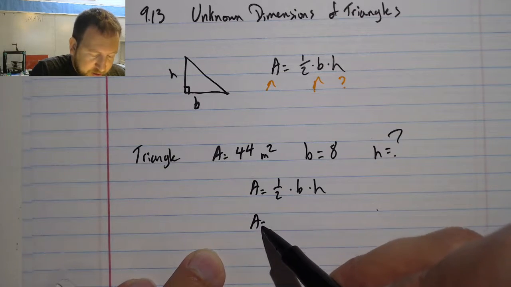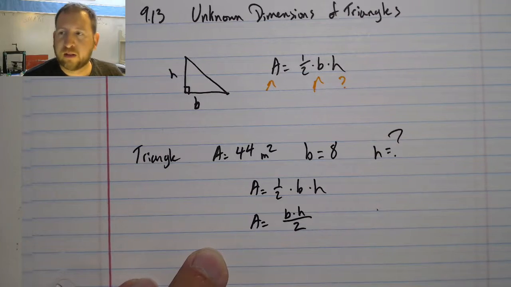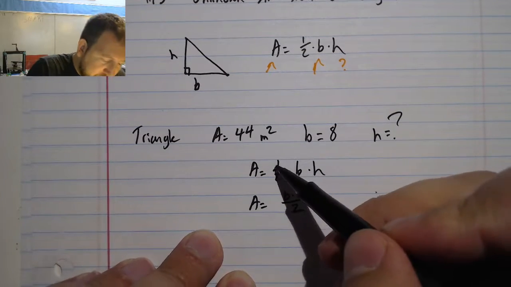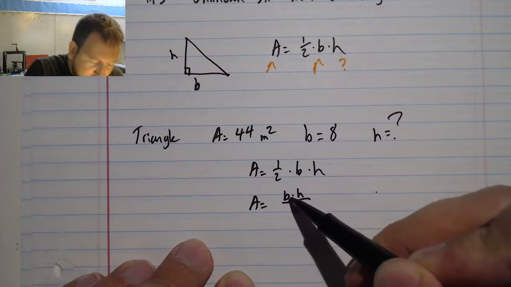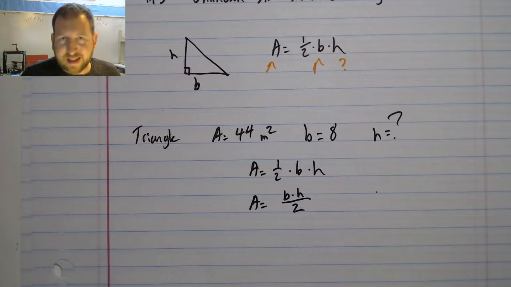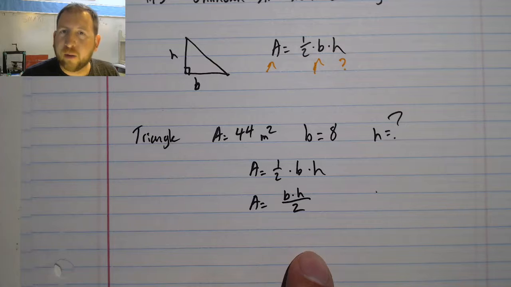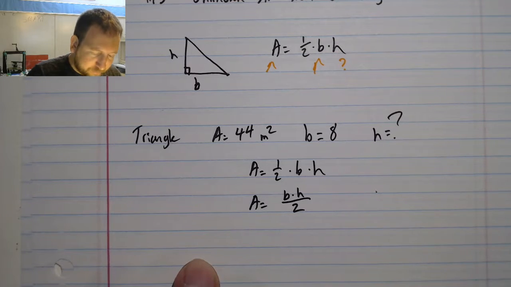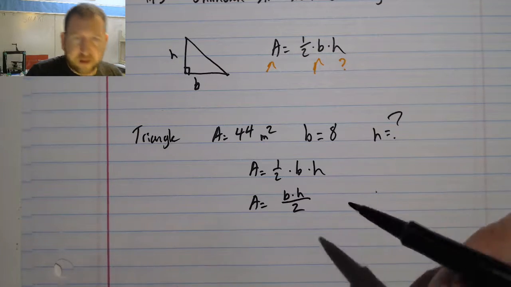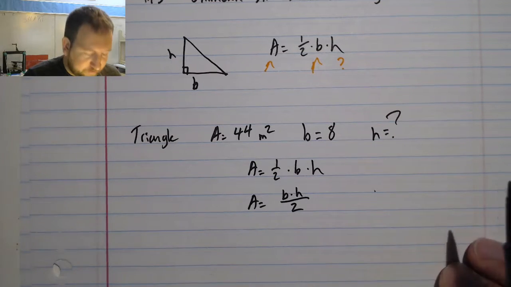So I can write it as area equals base times height over 2. That's really the same thing, because multiplying by 1/2 or dividing by 2 is the same. Remember, multiplying and dividing are really the same, just like adding and subtracting. It just depends on how it looks. But my goal here is that I want to be able to isolate h.